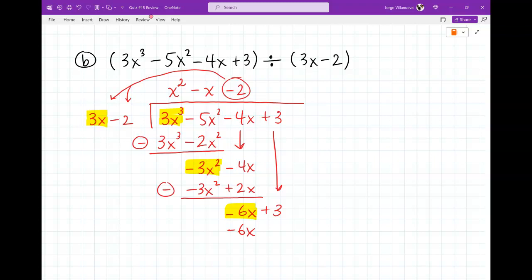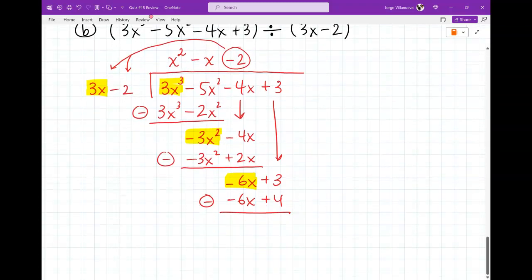And negative 2 times negative 2 is a positive 4. I'm going to subtract. So negative 6x minus negative 6x is 0. 3 minus 4, negative 1. Man, again, a negative remainder. I'm telling you, positive remainders do exist. For some reason we just keep getting negative ones.